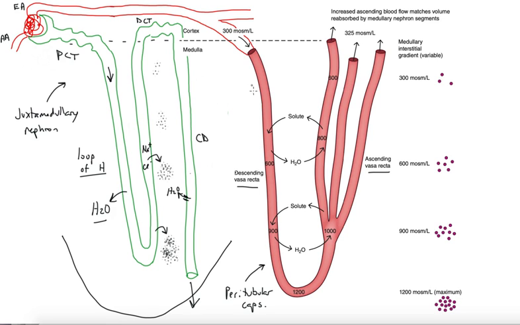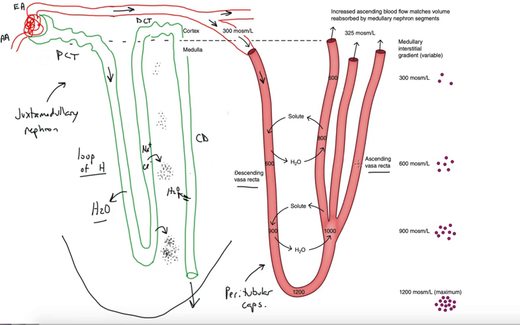Okay, so the vasa recta are the peritubular capillaries derived from the efferent arterioles. Here's our efferent flow, and it's a capillary bed, so there's branching. But they're going to enter these descending vasa recta, and they're going to come down, and what's going to happen is, don't ignore these arrows for just a second, we're going to pick up a lot of the solute and water that's being reabsorbed.